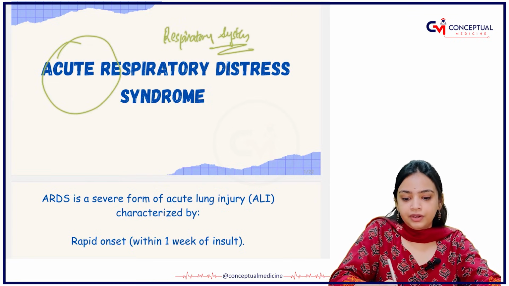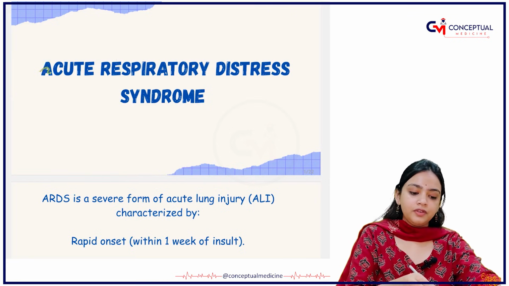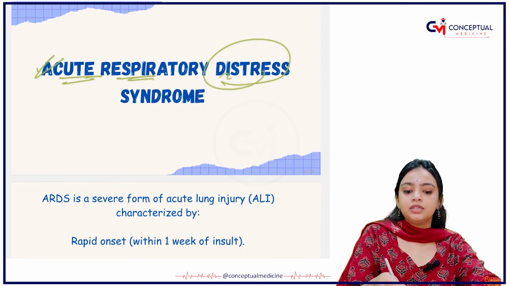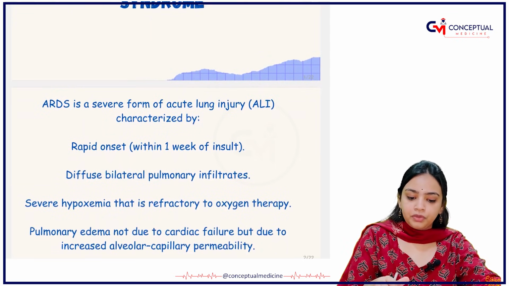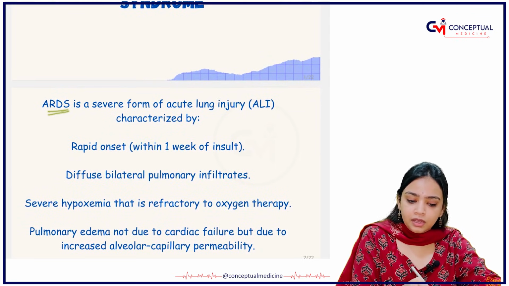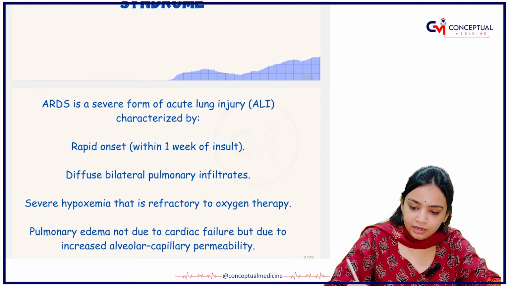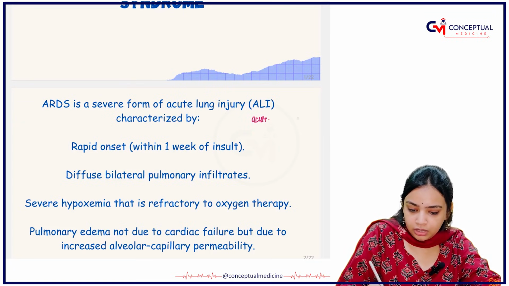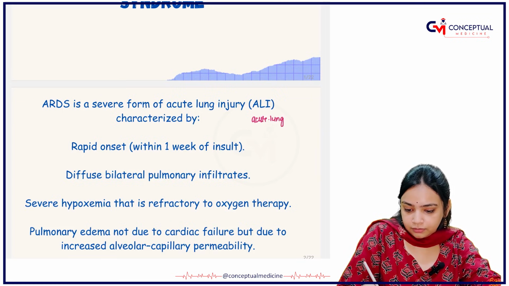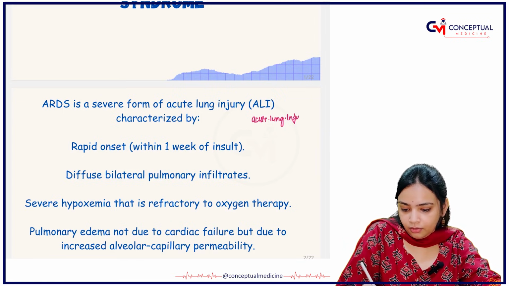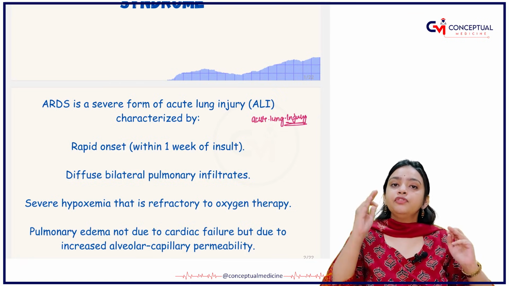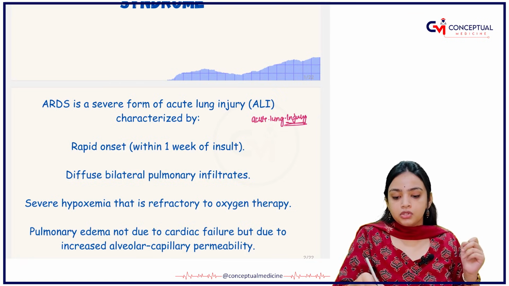Okay. In your respiratory system, the first thing that we have is ARDS, that is nothing but Acute Respiratory Distress Syndrome. So, what happens? ARDS is basically a disease characterized by acute lung injury. First, there will be the acute lung injury.